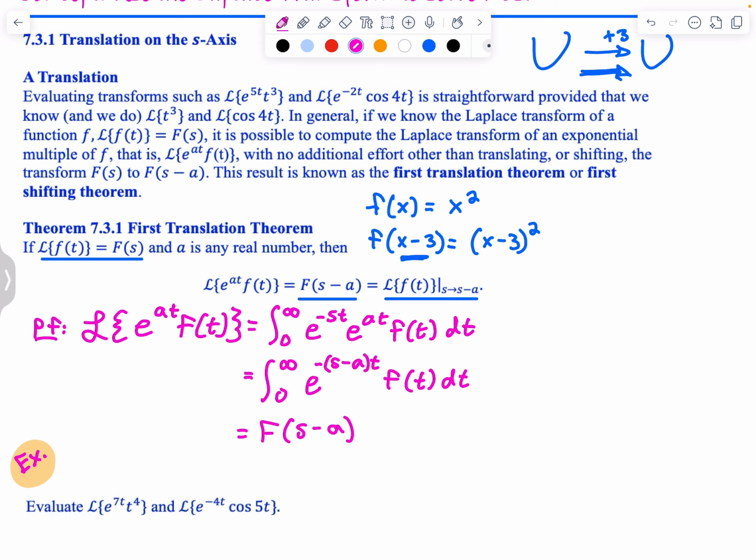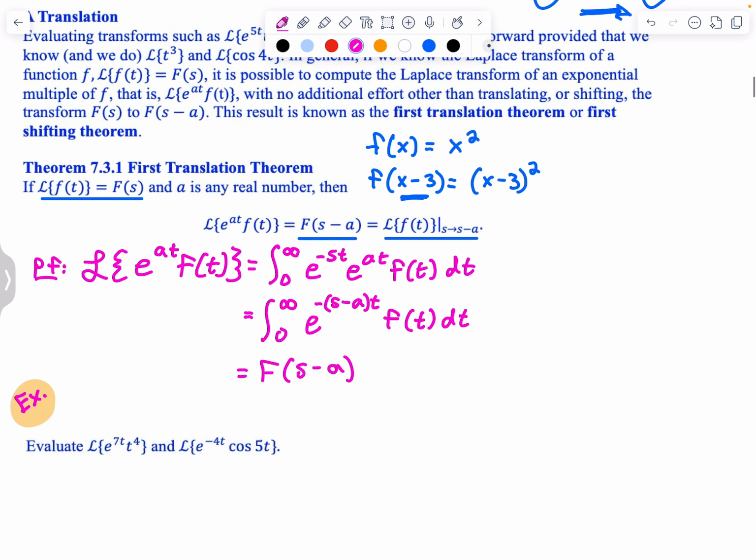So what this means, and let's see if I can make sense out of it here to you, and if not, I think you'll get it with this next example. This is just take the Laplace of what the normal function was. So we would treat it like normal, like there was no s minus a or anything. It was just normal t. There was no e to the at at the beginning. Just take the normal Laplace of that function.